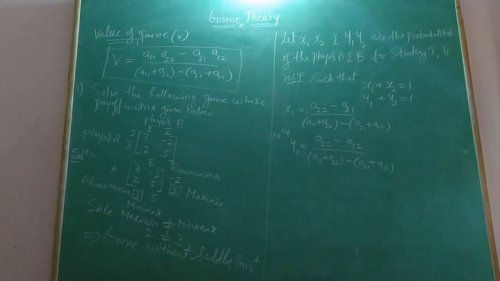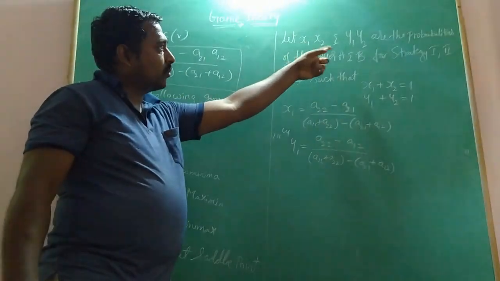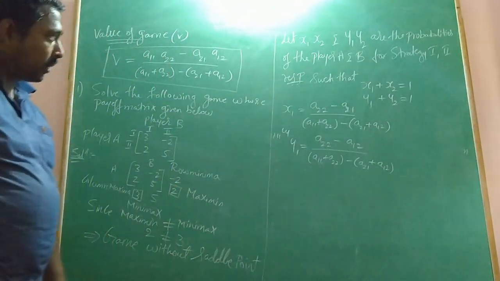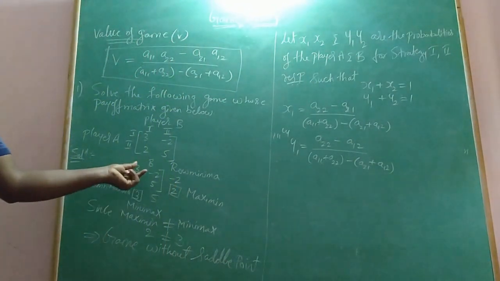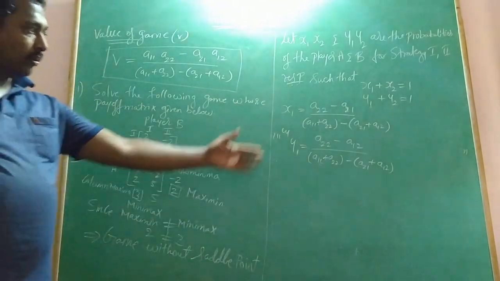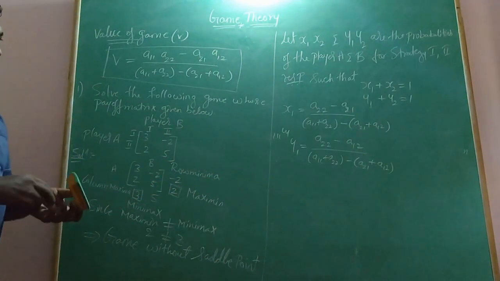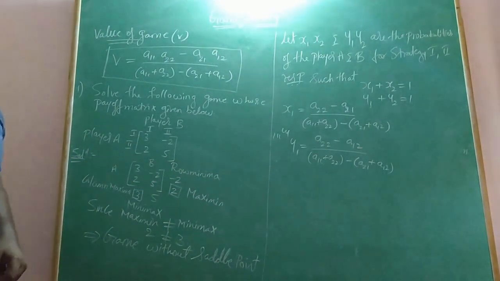If maximin and minimax are not equal, let us consider x1, x2, y1, y2 as the probabilities for player A and player B for strategies 1 and 2 respectively. Then we will use this formula to determine the probabilities for each player.